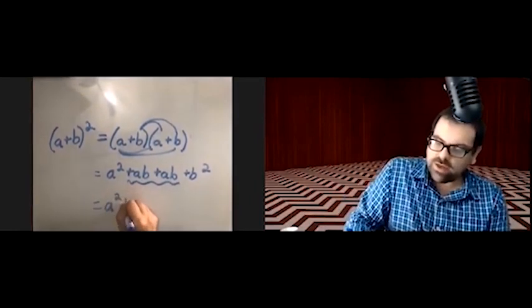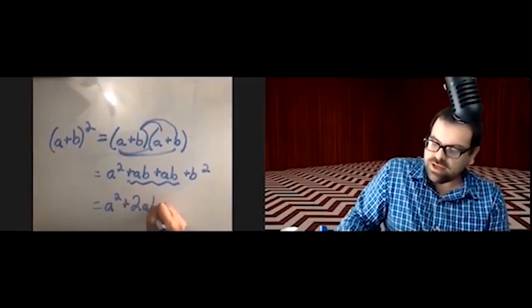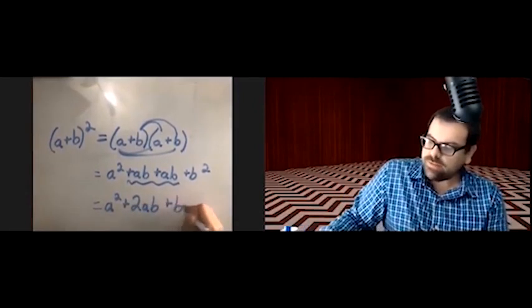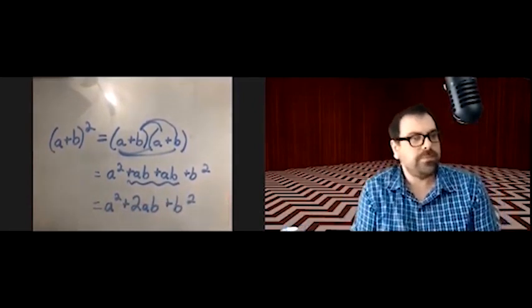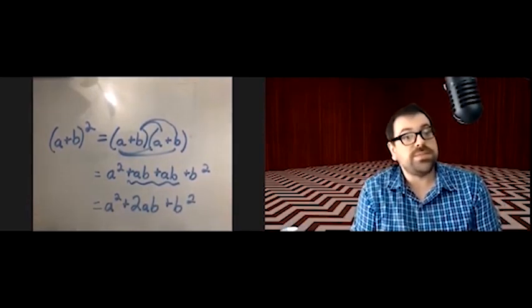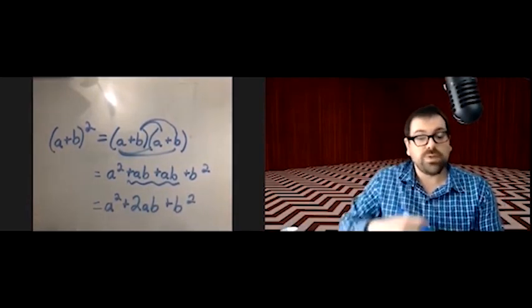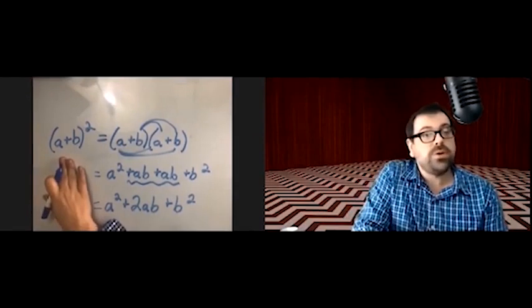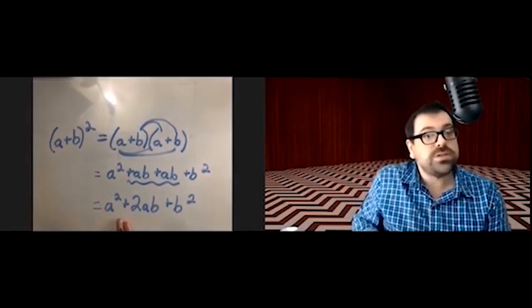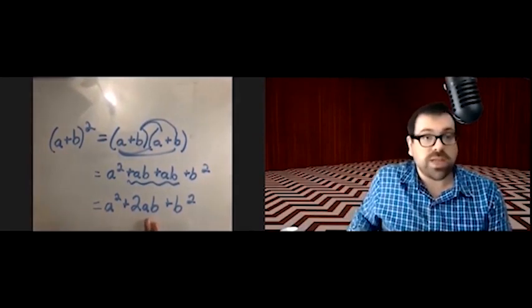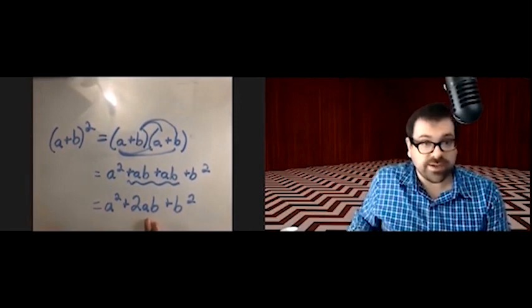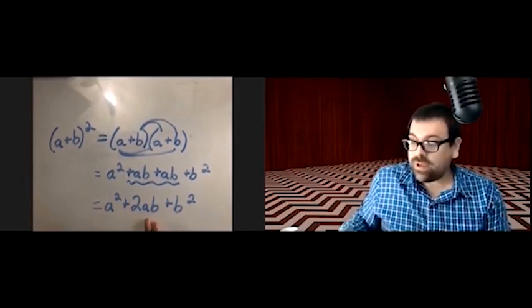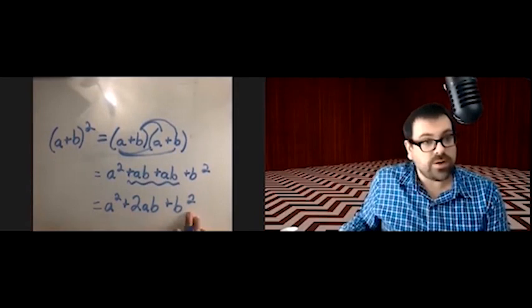So A squared plus 2AB plus B squared. So we have this special formula. When we square a binomial, we can square the first, multiply 2 times the first times the second, and then square the second and get our three terms that way.